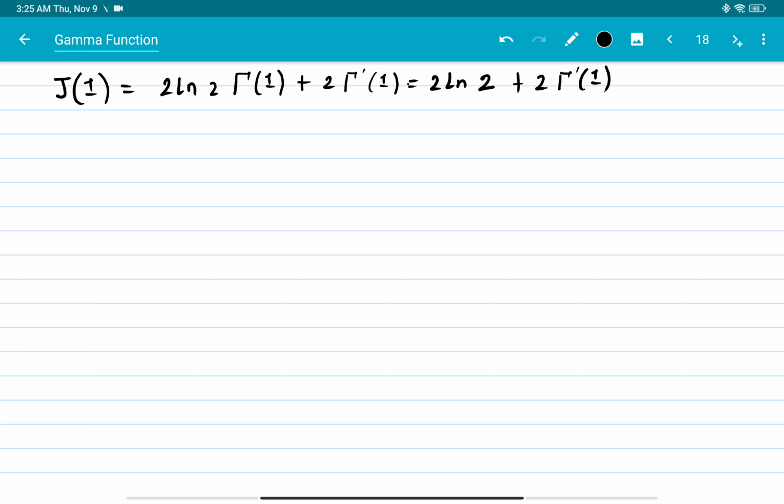So it will be given to you, or you can figure it out, this gamma dash x.